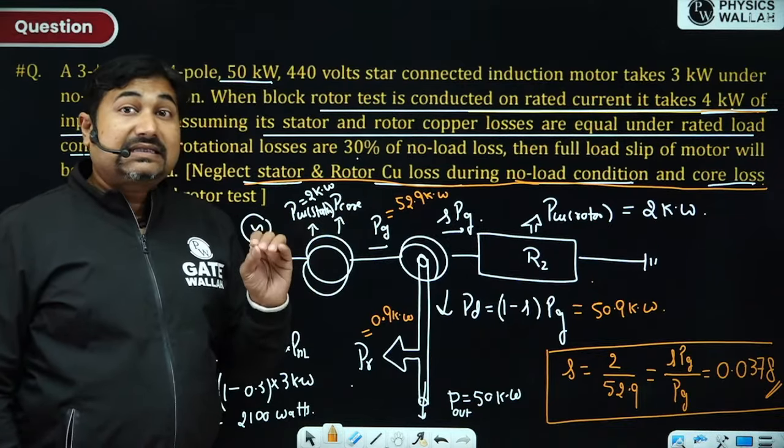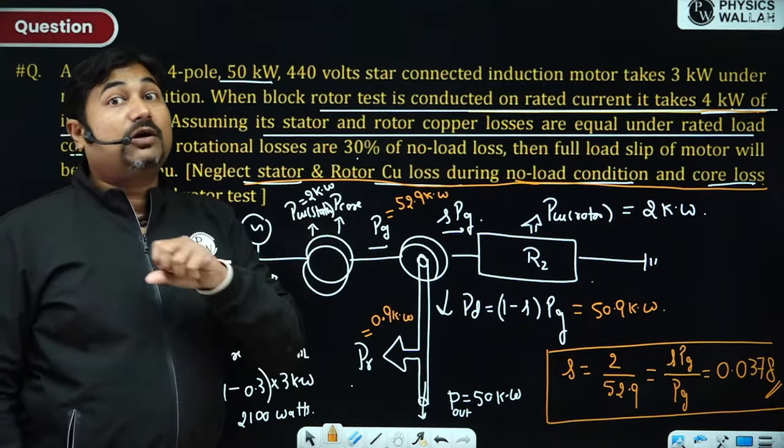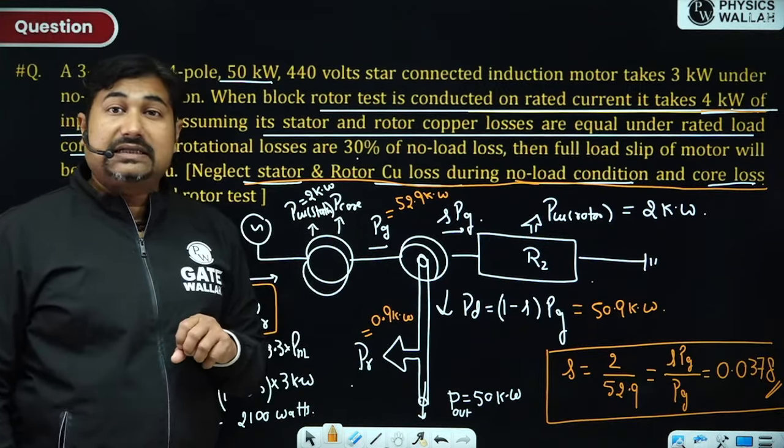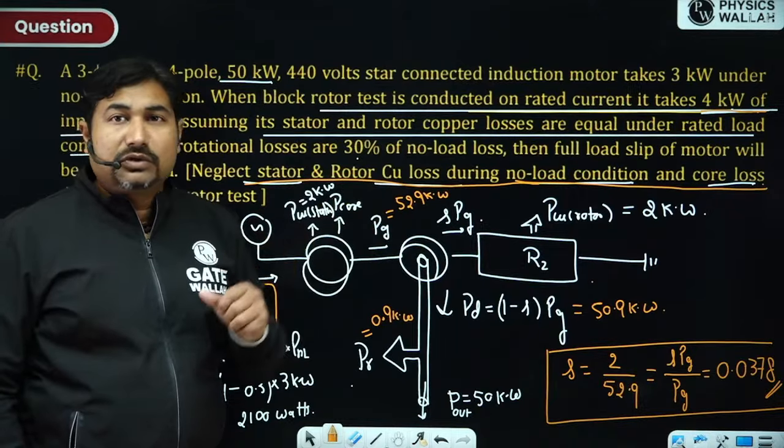Since the test is conducted at rated current, we know the full load or rated copper loss occurring in the stator and rotor. Also given that stator copper loss and rotor copper loss are equal. So if the total power input is 4 kilowatt and the stator and rotor copper losses are equal, it means stator copper loss at full load is 2 kilowatt and rotor copper loss at full load is 2 kilowatt.